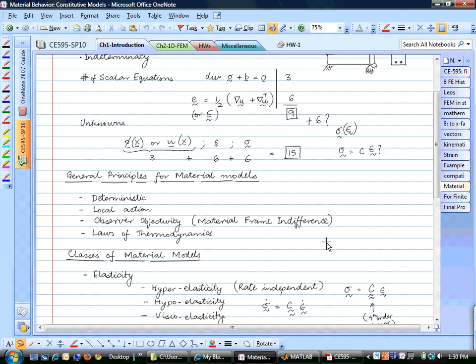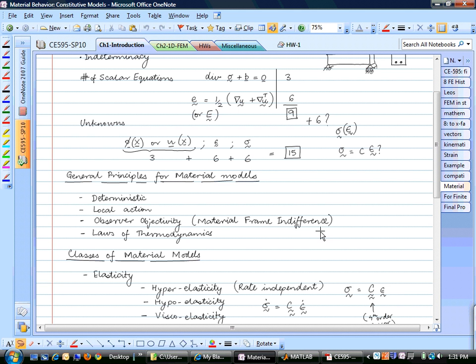So what this really means is that if there are two frames of reference, so if I'm looking at a material particle, somebody else floating around in space is looking at a material particle, they both have their own frames of reference. Those frames of reference are not coordinate systems. So there's a little bit of a difference, but let me not try to go into too much detail there.